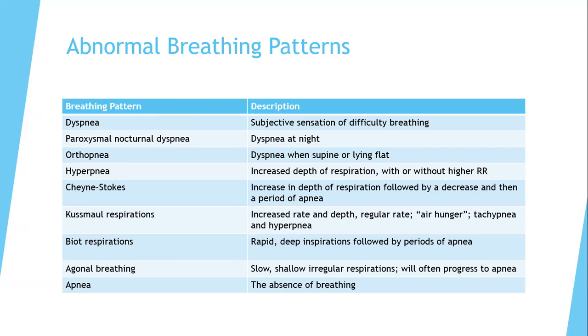Paroxysmal nocturnal dyspnea: paroxysmal means it comes on suddenly, nocturnal means it's at night, and dyspnea is the subjective sensation of difficulty breathing. So it's when you have difficulty breathing at night. Some people are fine during the day, but at night they have dyspnea. Orthopnea is dyspnea when you're supine or lying flat.